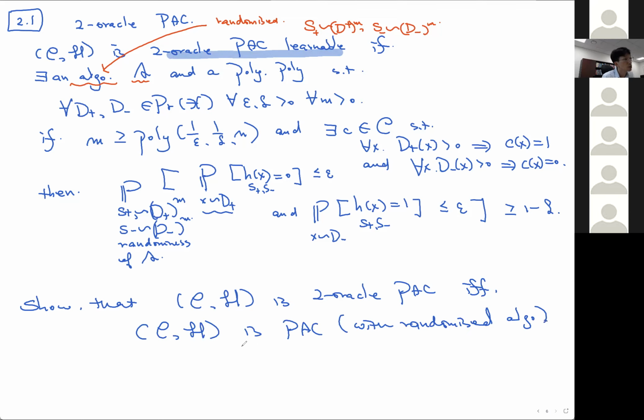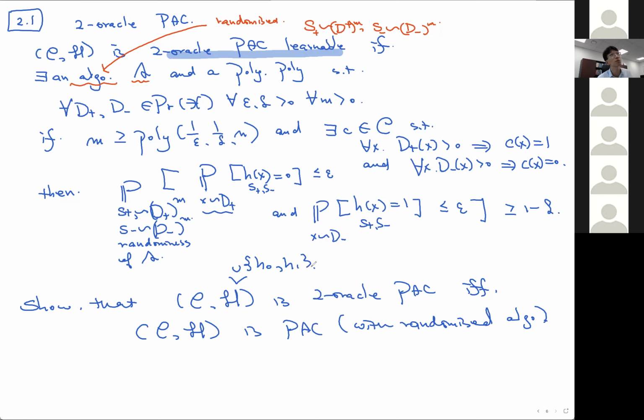What it means is that in the usual PAC, we assume that the algorithm that solves this PAC problem is deterministic, but here it can be randomized. And actually, for H, we add two more functions, H0, which returns 0 all the time, and H1, which returns 1 all the time.